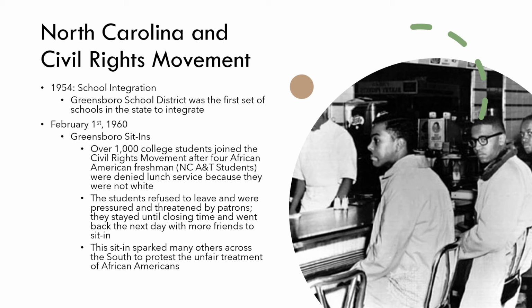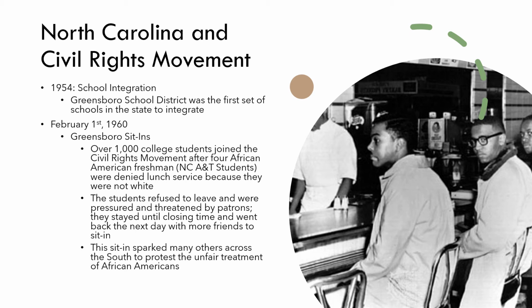We were still not giving African American citizens the same rights as white American citizens. And so in 1954, the Greensboro School District was the first set of schools in the state to integrate their schools. That means white kids and Black students could go to the same schools.